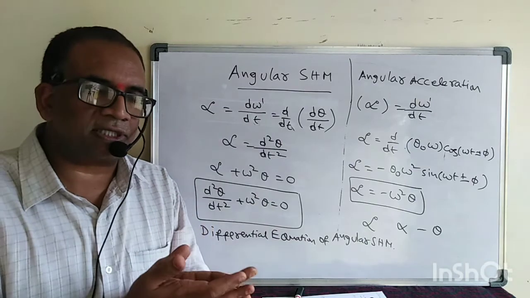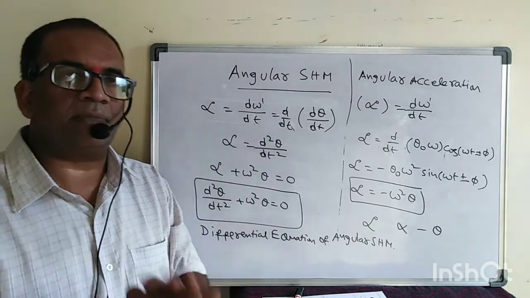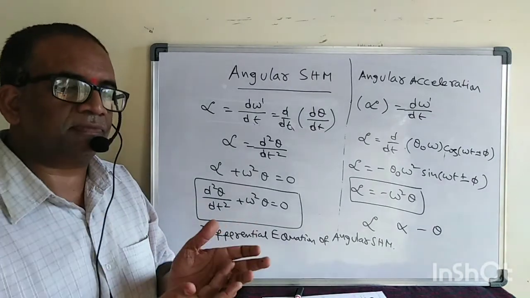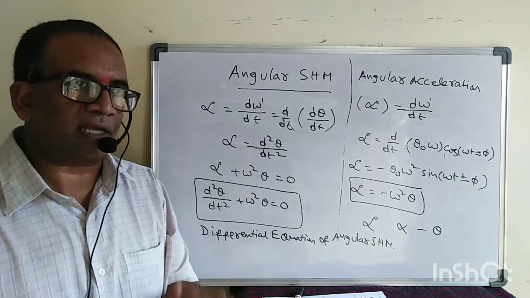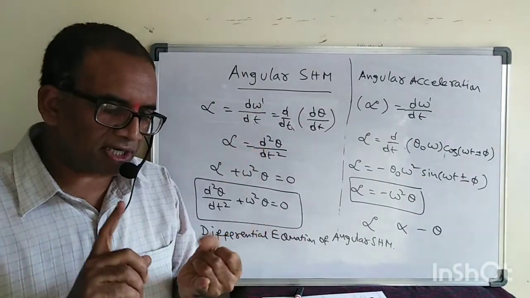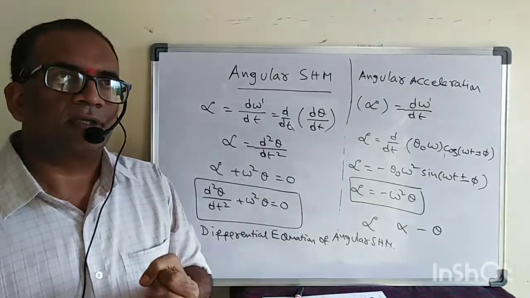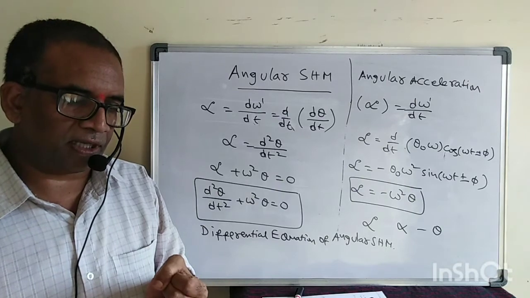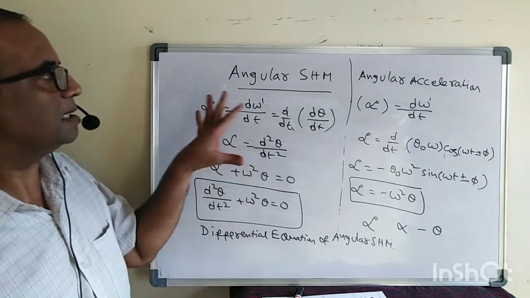Just like linear SHM, angular SHM describes how the SHM can be calculated with respect to angle. Why is angular SHM useful? In order to understand the torsional pendulum and the physical pendulum, where we use torque. In terms of torque, we will do that particular sum. That's why we need this.